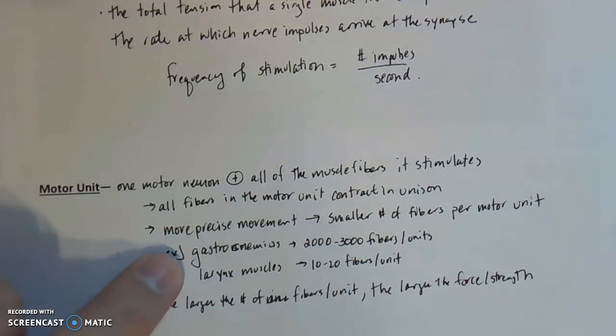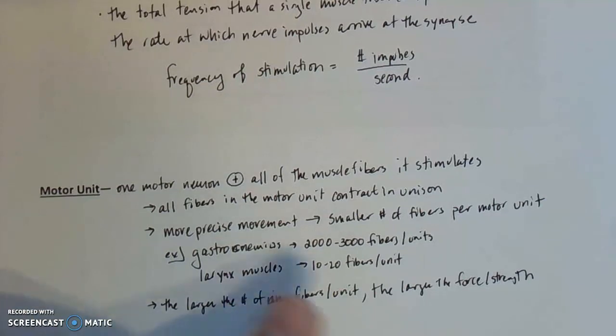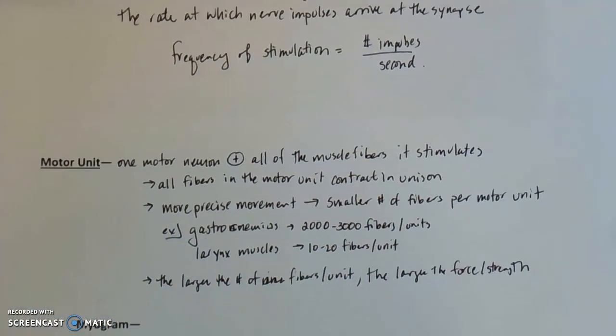So the gastrocnemius, which helps us walk, helps us stand up, is a lot bigger than moving your little vocal cord to produce sound. But because that requires precision movement, we have fewer fibers per unit.